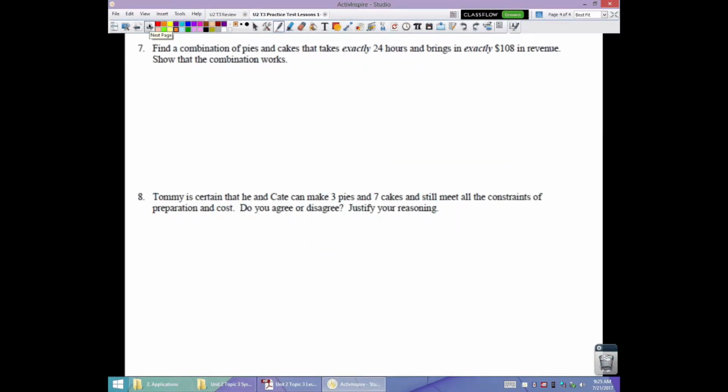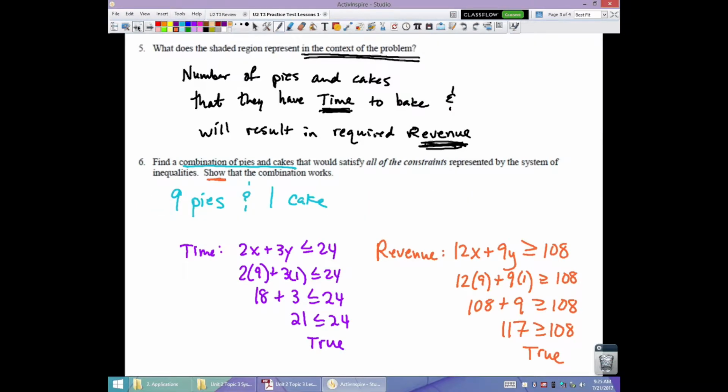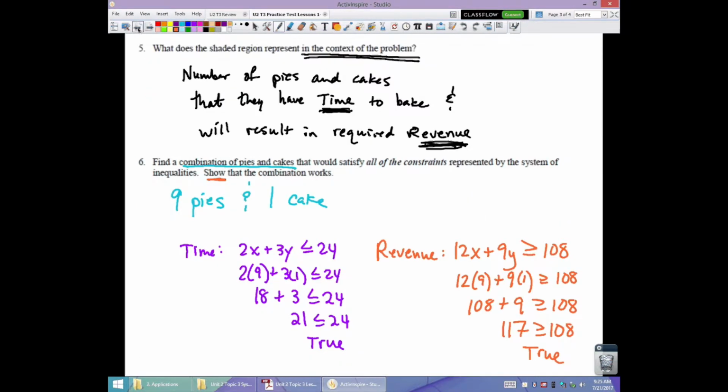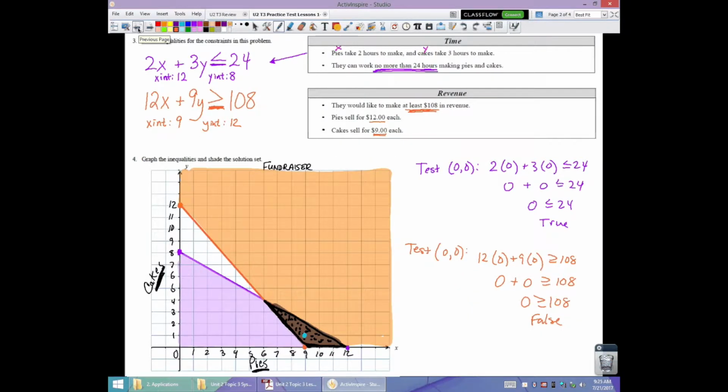Find a combination that takes exactly 24 hours and brings in exactly 108. Now, remember, exact means on the lines. So every point on the purple line is a point that takes exactly 24 hours.